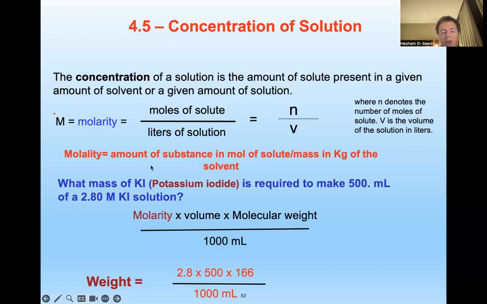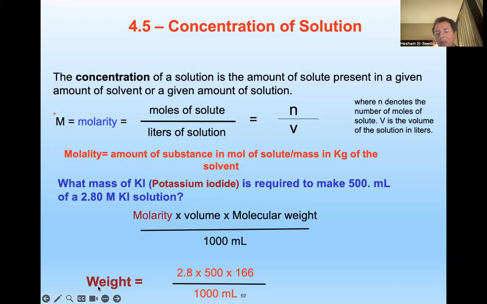So what mass, for example, of potassium iodide is required to make 500 milliliters, right? We can do it together. So the weight will be equal to 2.8, which is the molarity, multiplied by the volume, which is 500 milliliters, multiplied by the molecular weight of potassium iodide, potassium plus iodide will give 166, and divided by 1 liter.